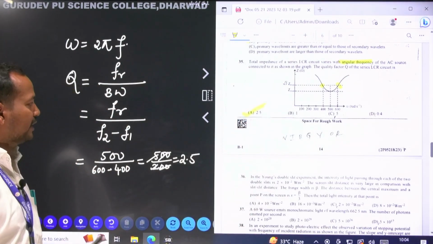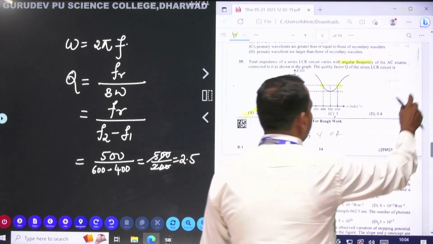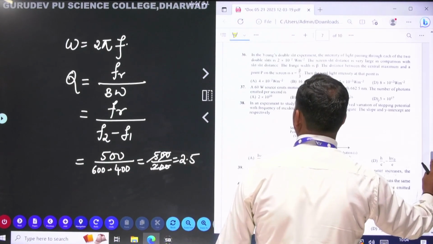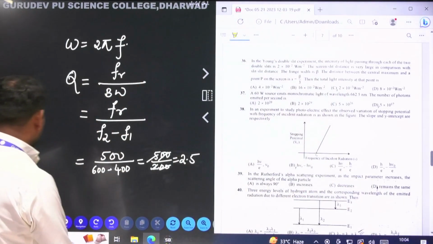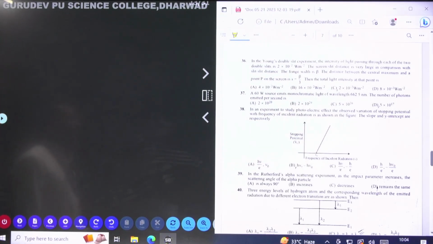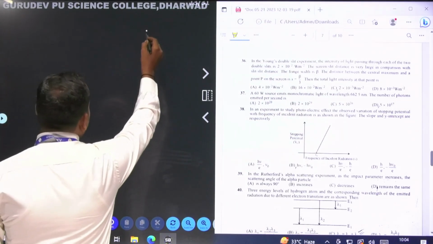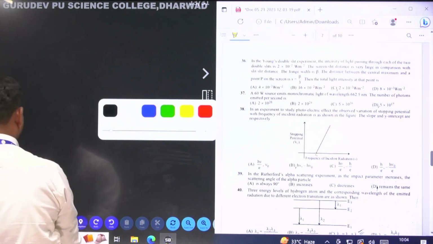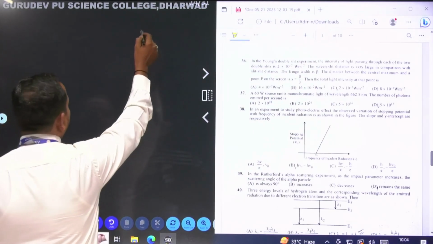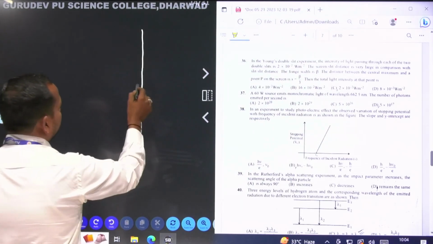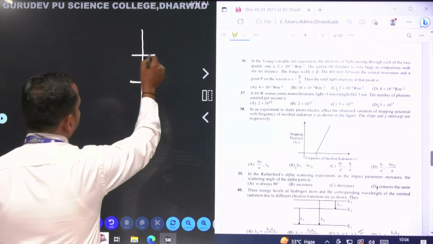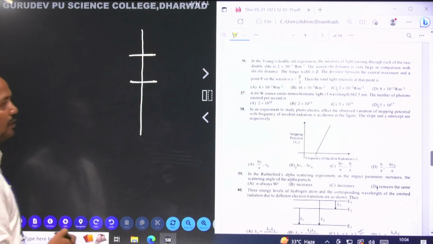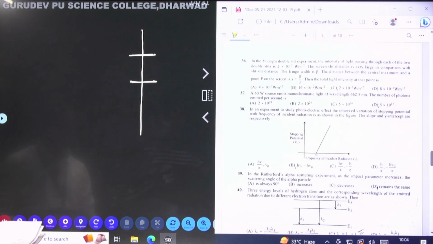Okay guys, next we'll move to the next question, that is 36. Question 36 is based on Young's double slit experiment. This is a slit, this is the central fringe, and this is the first fringe from the central bright fringe.